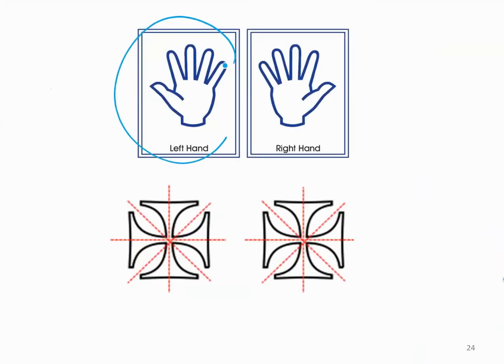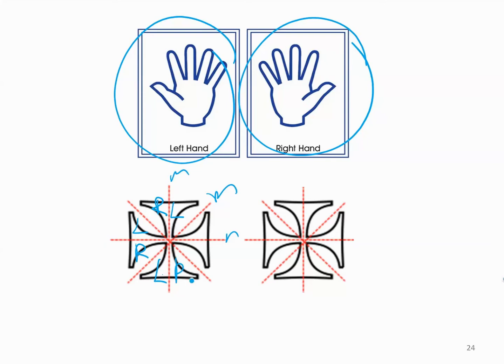So this is left hand, this is right hand. So if these are all mirror planes, let's say, so this is left, right. Then after the mirror plane, this one becomes left. After the mirror plane becomes right. After the mirror plane becomes left.